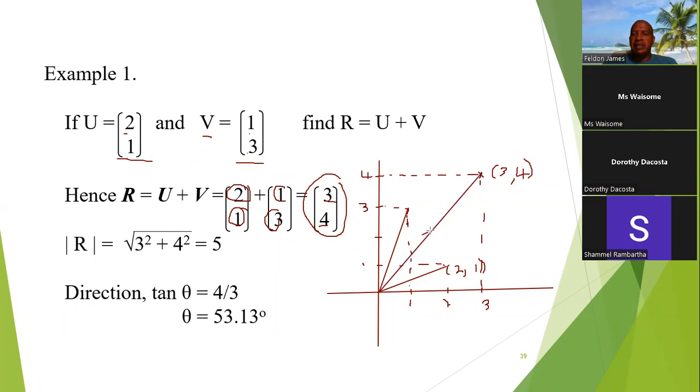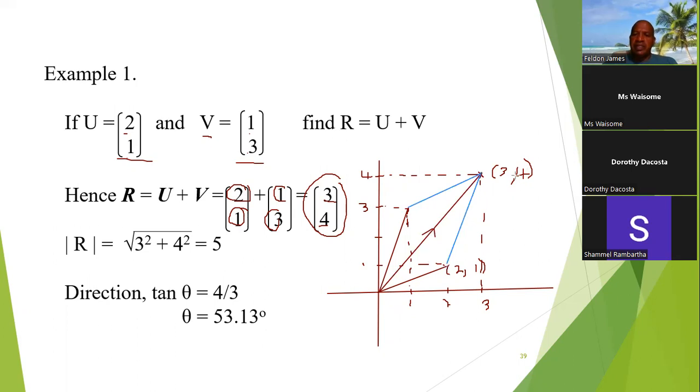Now this line is the resultant vector line. So if you were to construct this into a parallelogram, you would see that if you connect this line here and this line here, you will get a parallelogram, and this would be your resultant in the middle.